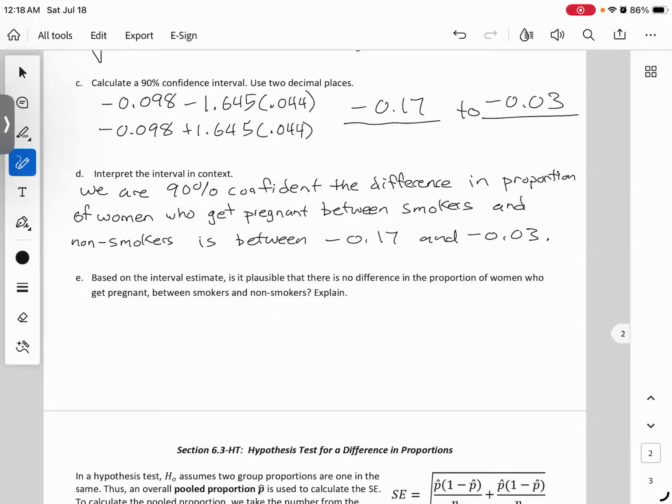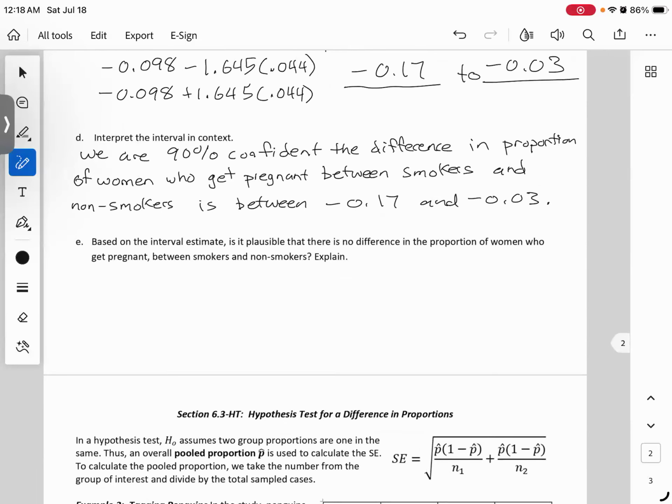And you can switch those to like negative 17% and negative 3%. Again, I'm flexible with which way you decide to do that.